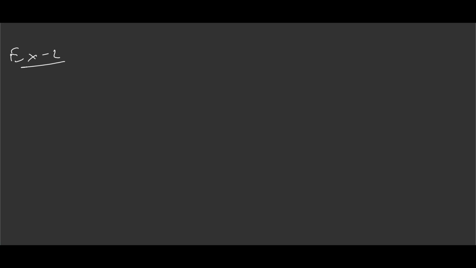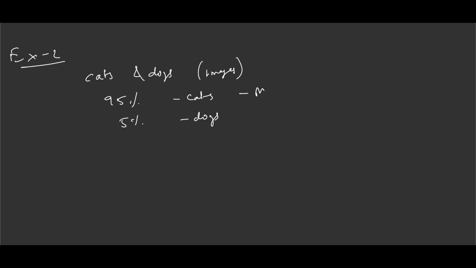Now let's see another example. Let's take cats data and dogs data. Basically, these are images. And in our data set, 95% of the data set belongs to cats and 5% belongs to dogs. This is again a majority and this is a minority. So this is also an example of an imbalanced data set.